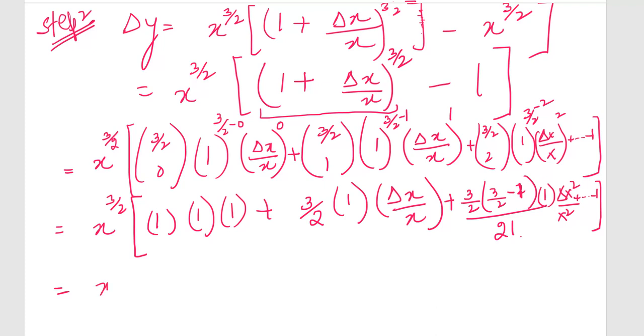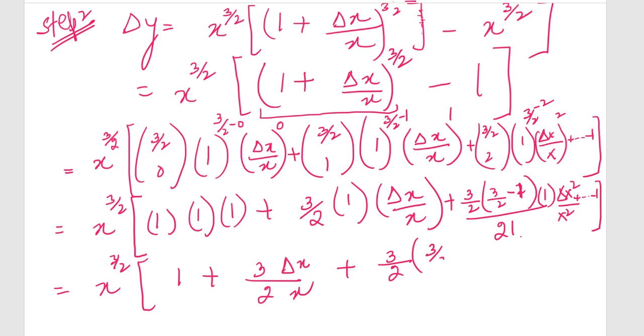Now we will simplify it. 3 by 2. This all will be 1 because they are multiplying each other. 3 over 2 into Δx over x, because this is 1 only. Here it will be n, and n minus 1 over 2 factorial, Δx square over x square, minus 1. So this negative 1 will cancel with this positive 1.